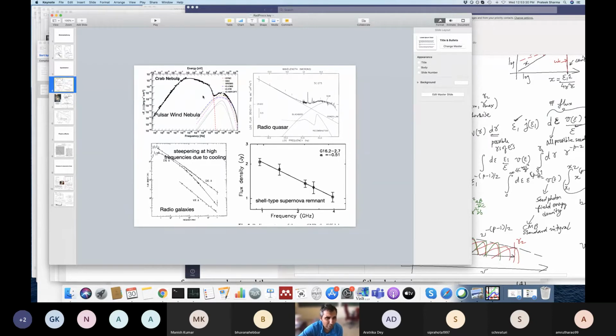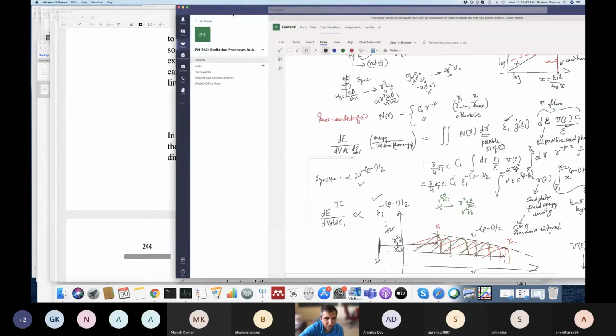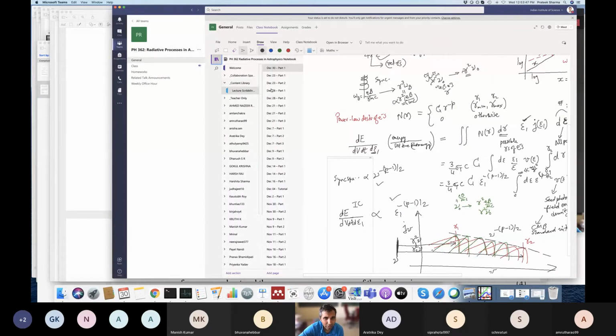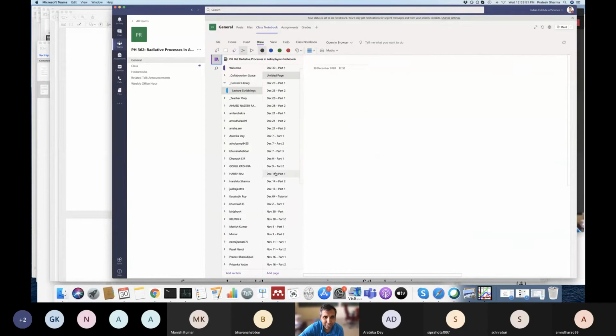But this is the thumb rule: at low energies it's synchrotron, and at high energy the same electrons give rise to inverse Compton. Last time I was actually talking about this cluster case where you have radio bubbles and this X-ray emitting inverse Compton plasma.